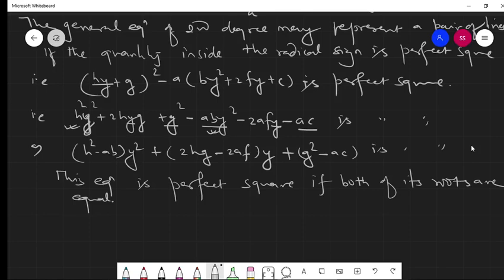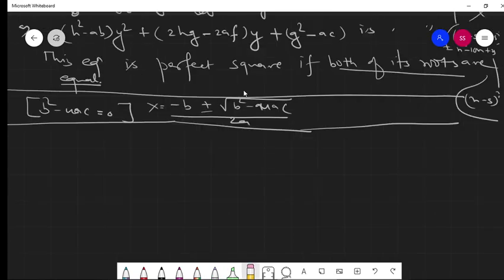What is b square? Our b square is 2 times (hg minus af) whole square, minus 4 times a, what is a, simply h square minus ab, and what is c, g square minus ac, equal to 0. I think I make you clear.